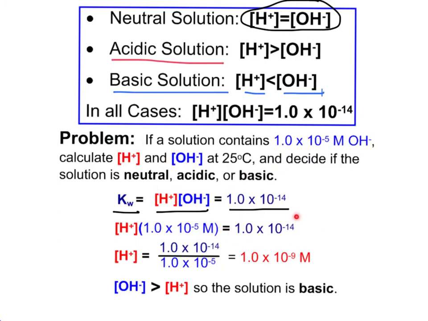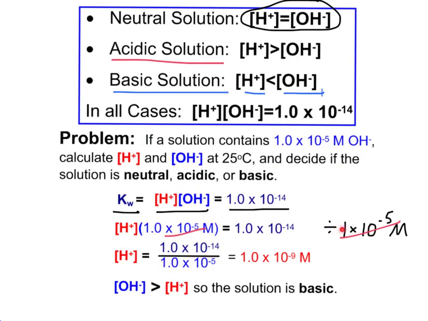I'm going to rearrange this a little bit. If I divide both sides of my equation by 1 times 10 to the negative 5th molar, then I can cancel these out on the left side. And when I rewrite that, I get the hydrogen ion concentration equals 1 times 10 to the negative 14th divided by 1 times 10 to the negative 5th.